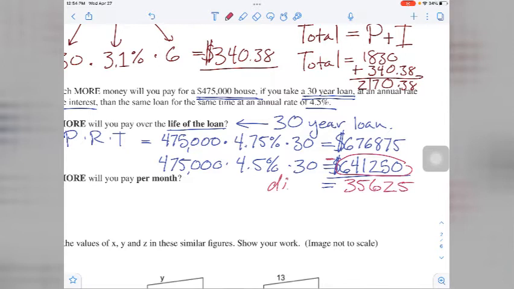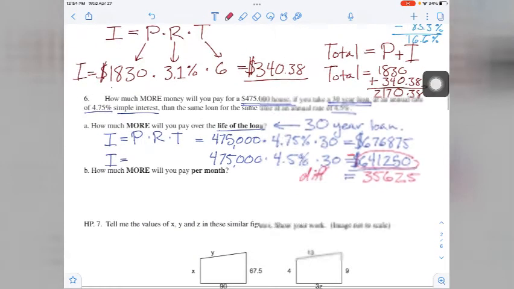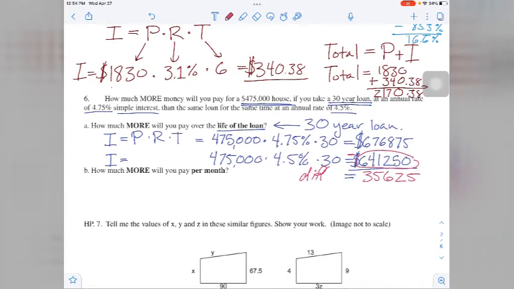That is the difference. So this is how much more you pay. So that 0.25% is going to cost you $35,625 more over the course of 30 years, which, if you do the math, is a lot of money.